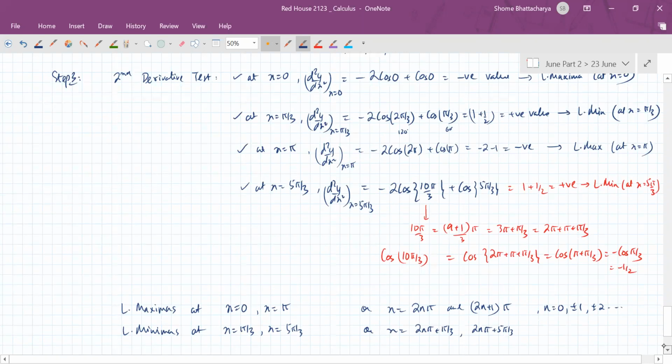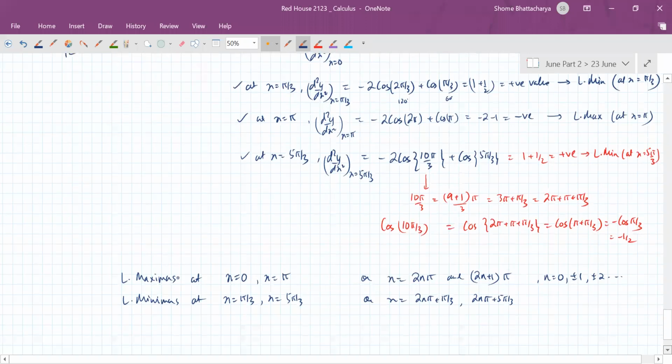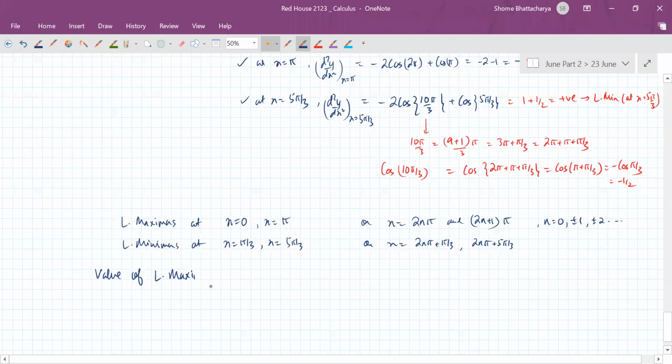So what is the value of the local maximas? Okay, so that is the y coordinate at x equal to 0. So remember what was y? y was cos square x minus cos x. Okay. So that is equal to cos square 0 minus cos 0, which is 0.